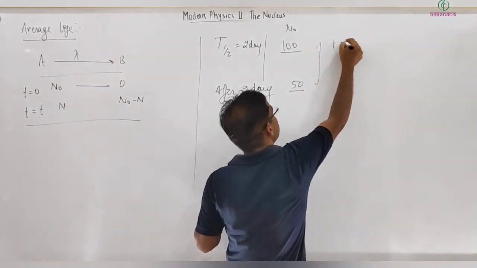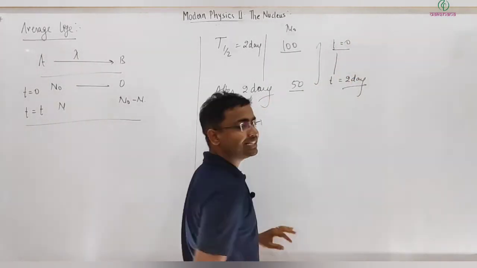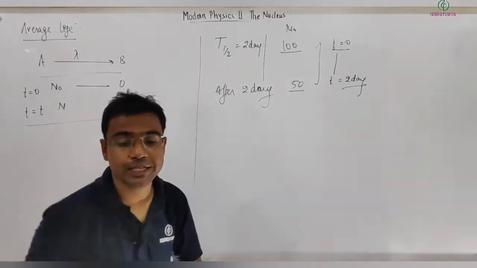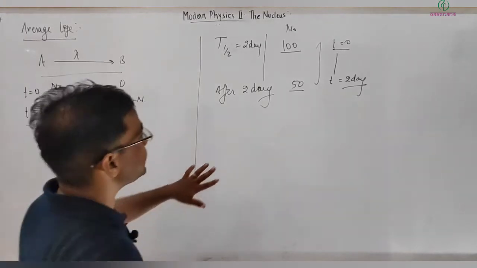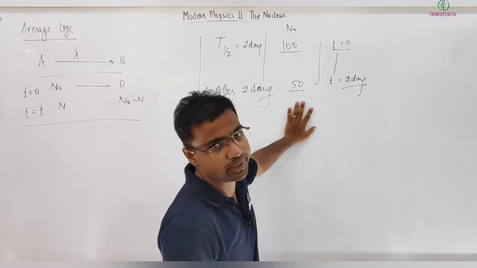So if I talk about from 0 to t equal to 2 days, it's not like all 50 nuclei decayed exactly at 2 days. That is not true. Here, after 2 days, we can say that exactly half of the nuclei will have decayed, so 50 nuclei have survived up to 2 days.